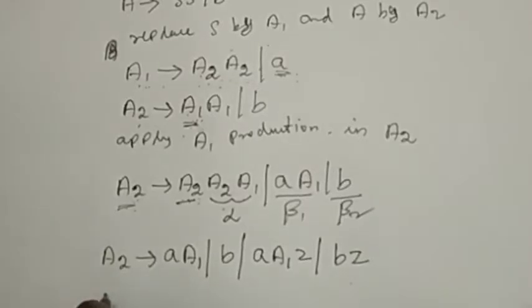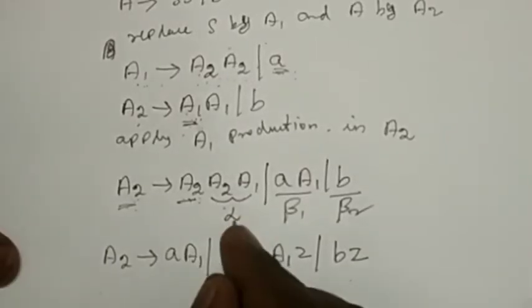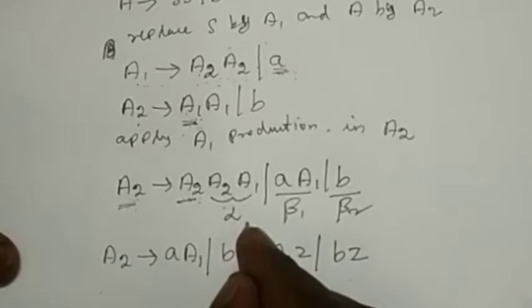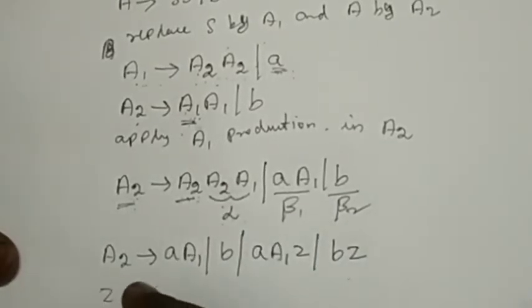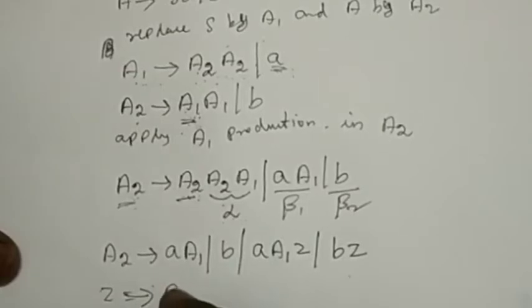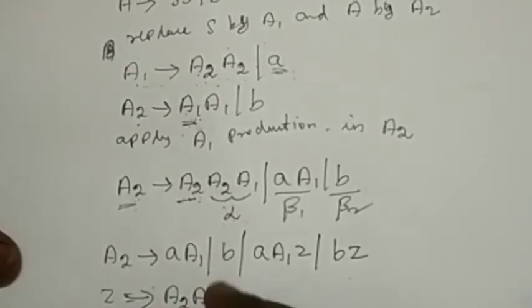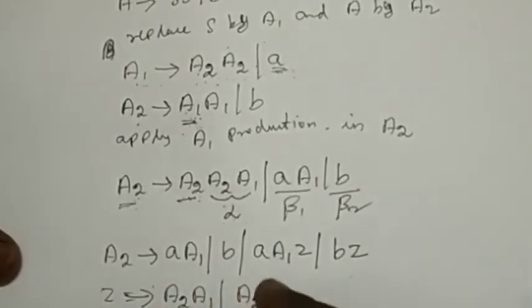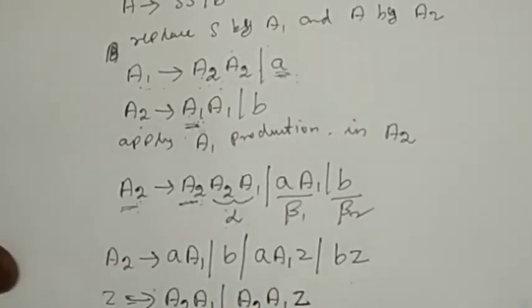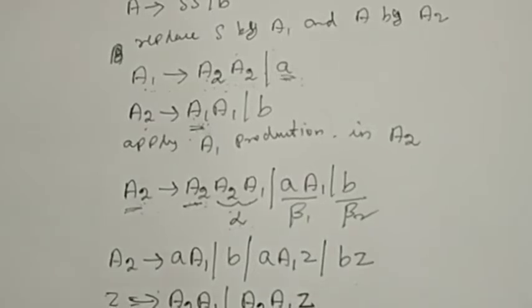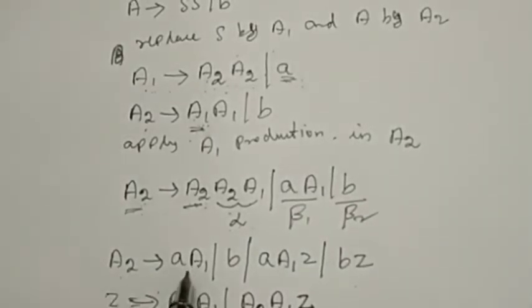Now apply the Z equation. What it says is, first you write alpha, Z tends to A2 A1 bar A2 A1 Z. Now I have got a set of equations. A2 tends to AA1 and Z tends to AA2.